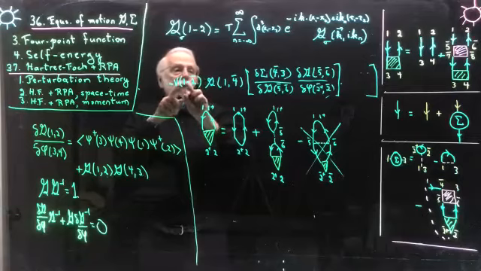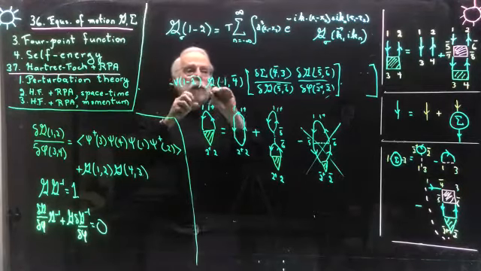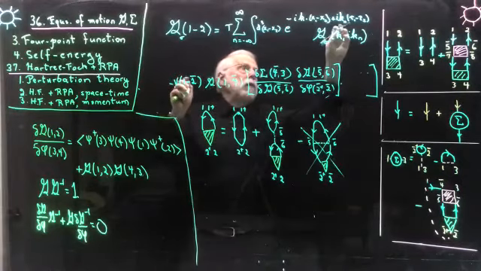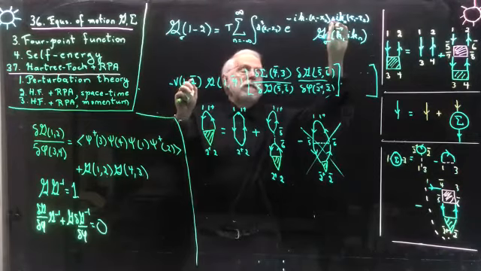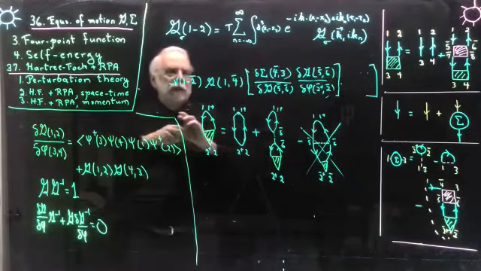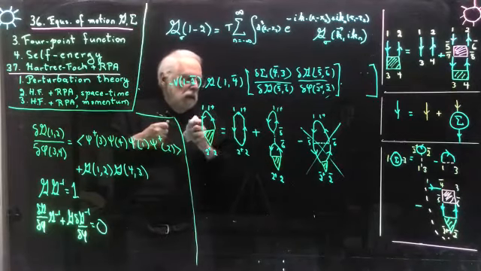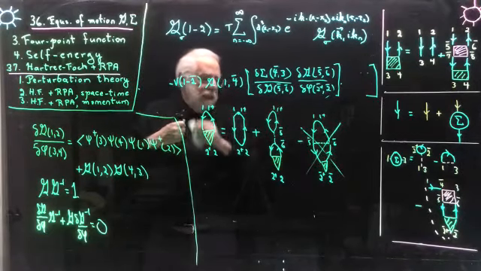And I can do the same for V. But for V, remember I introduced delta of tau 1 minus tau 2. And so it will be the same, except that we will have bosonic Matsubara frequency. Okay, everyone is happy with this? So the purpose now is to write this in momentum space.